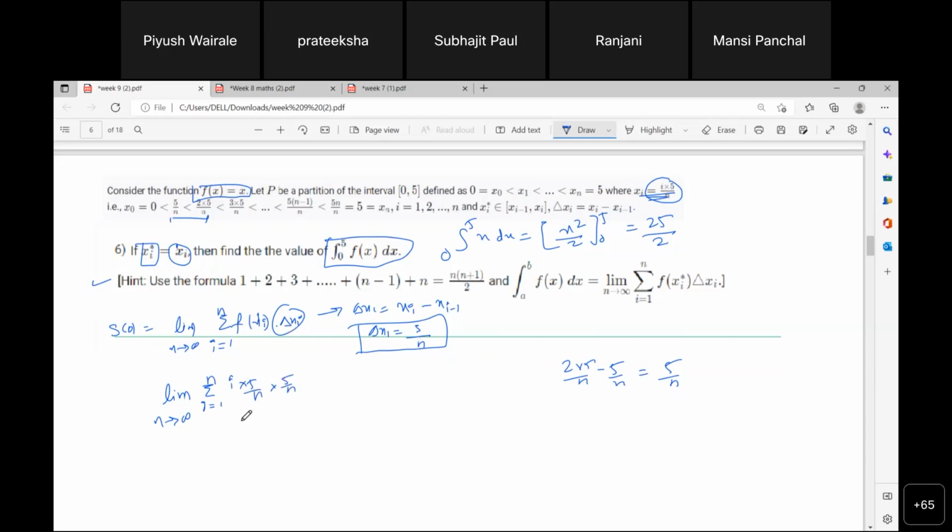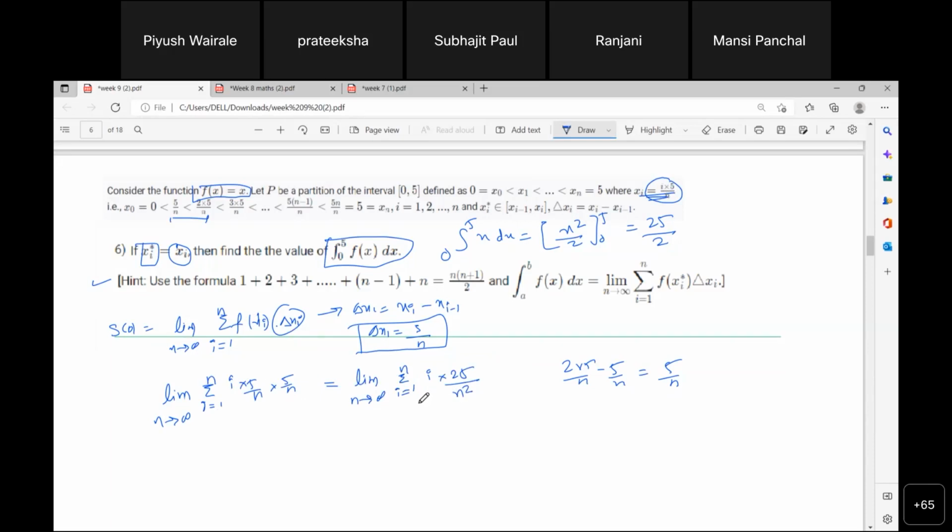So it will be the limit as n tends to infinity of the summation for i from 1 to n of i into 25 by n square.